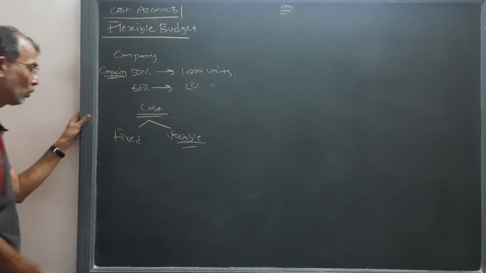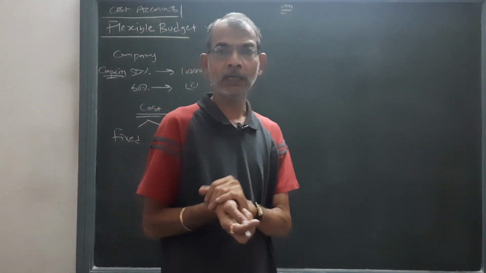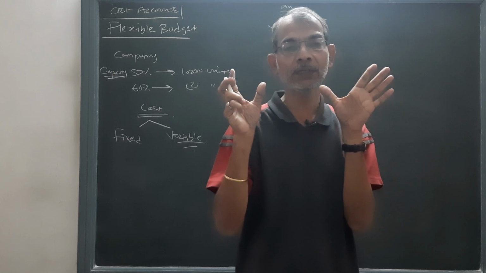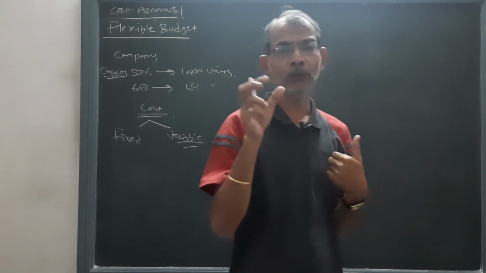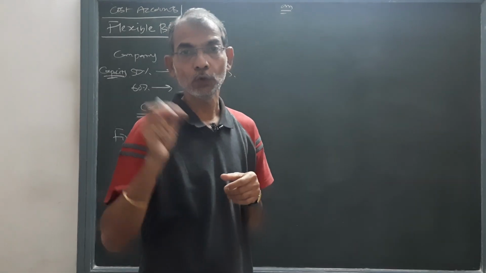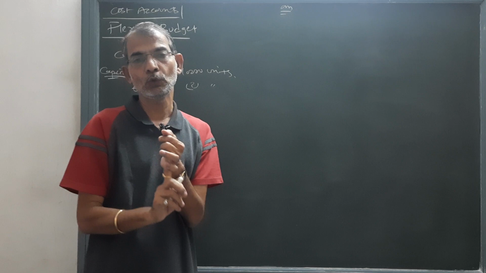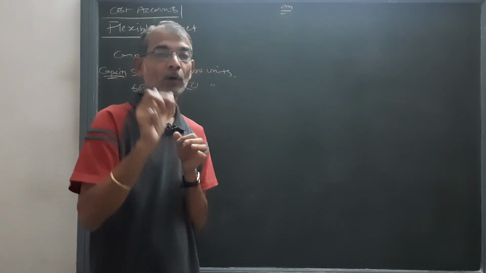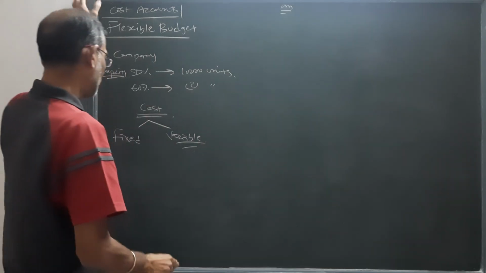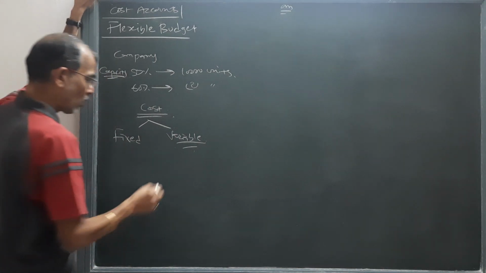If the factory is on rent, then at whatever capacity you are manufacturing has nothing to do with the rent. You manufacture at 50% capacity or 100% capacity, you will have to pay the same rent for the factory, but variable cost will change. How?